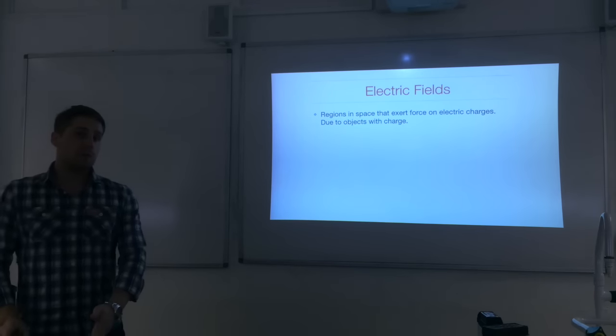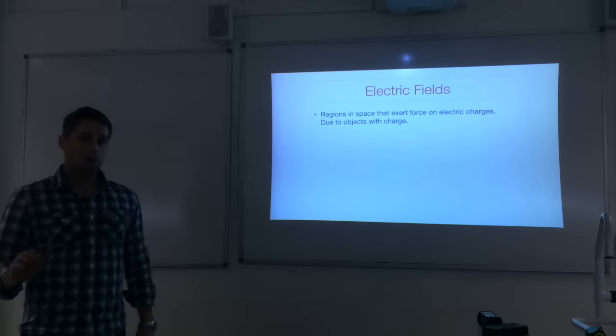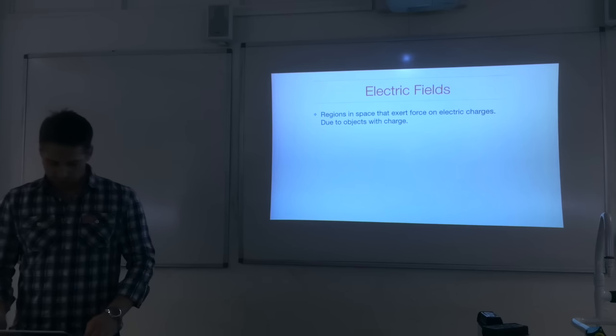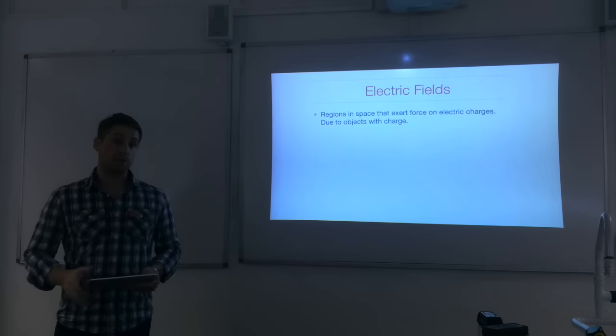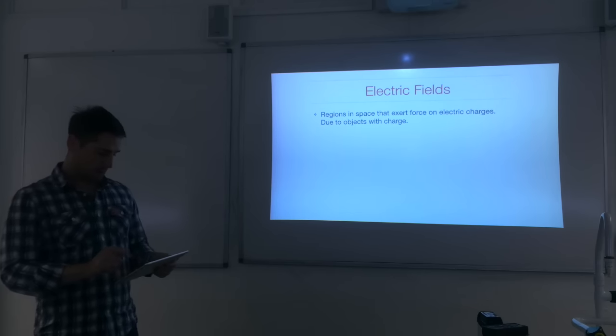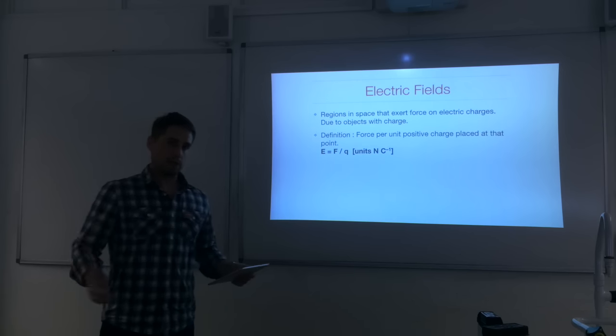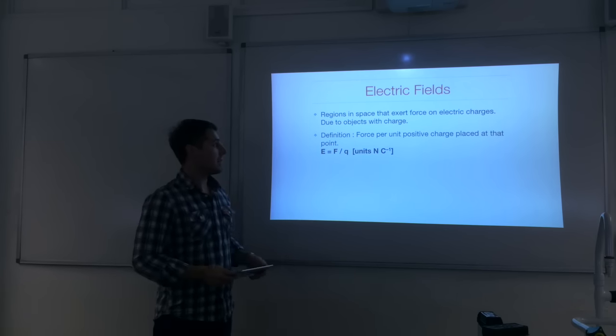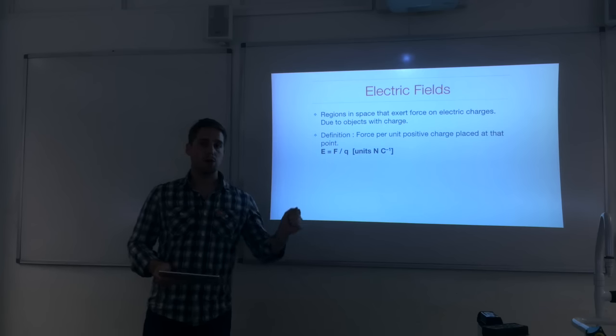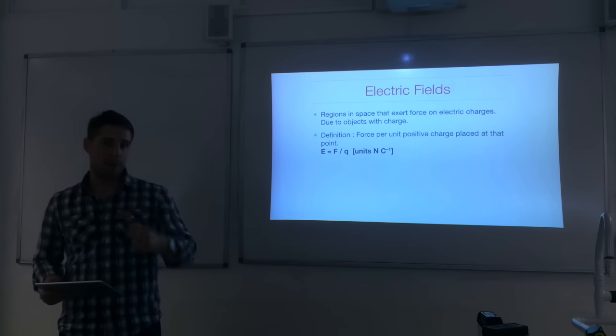Electric fields are regions in space that exert a force on electric charges, and they arise due to objects that have charge themselves. So objects of charge create an electric field in the space around them. The definition of electric field is the force per unit positive charge placed at that point.